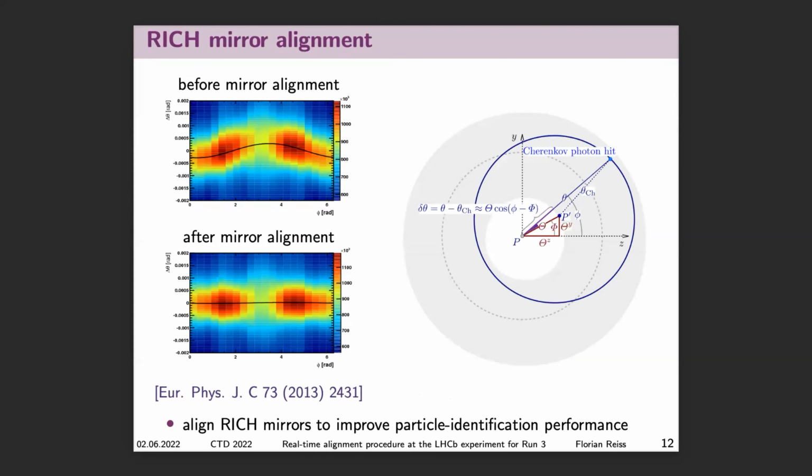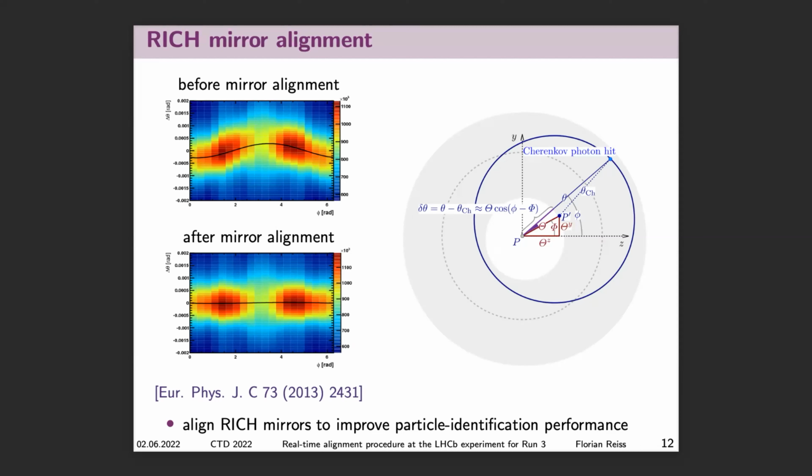Another thing we need to align are the RICH mirrors, which focus those Cherenkov photons. If they are misaligned, you get a difference between your measured Cherenkov ring and the ring you expect from your momentum estimate and the intersection of your track with the RICH material, as sketched here. This difference is dependent on the azimuthal angle, and this then gives you a distortion, as shown here on the top left.